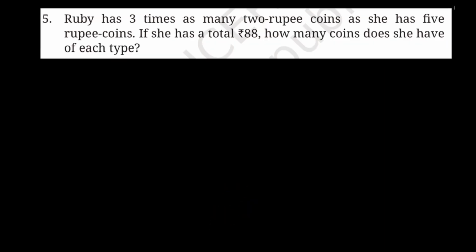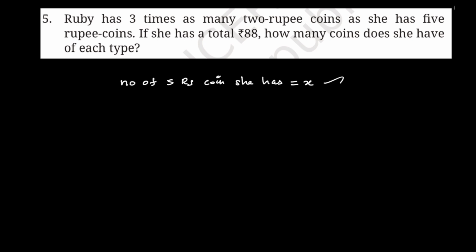Next, problem number 5. Ruby has 3 times as many 2 rupee coins as she has 5 rupee coins. If she has a total of 88 rupees, find how many coins she has of each type. So consider the number of 5 rupee coins she has is x.